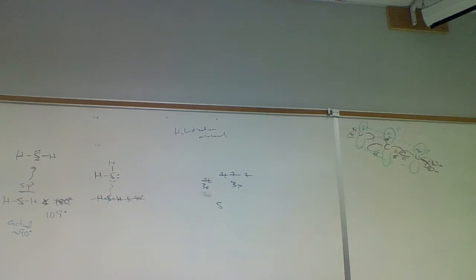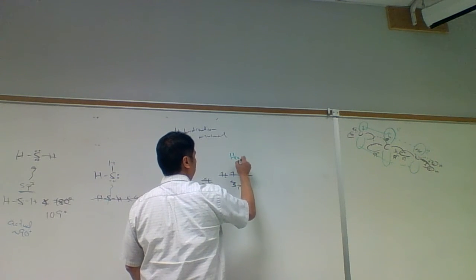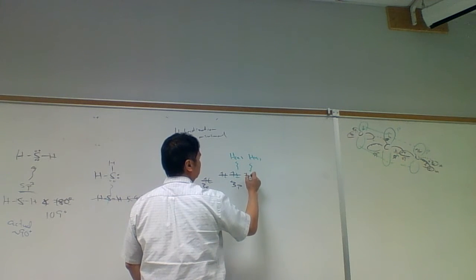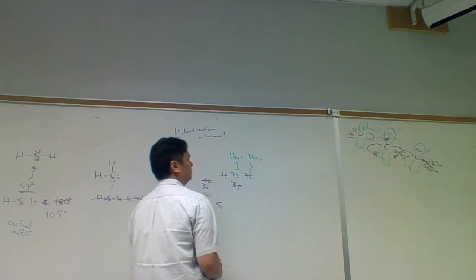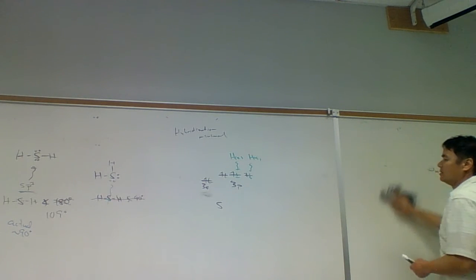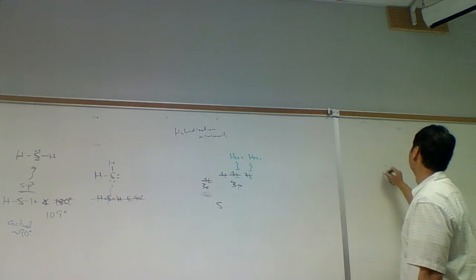And what's going to happen is the hydrogens are going to come in with their s. And the situation with sulfur is those p orbitals are so big that we don't have to worry about the repulsion.